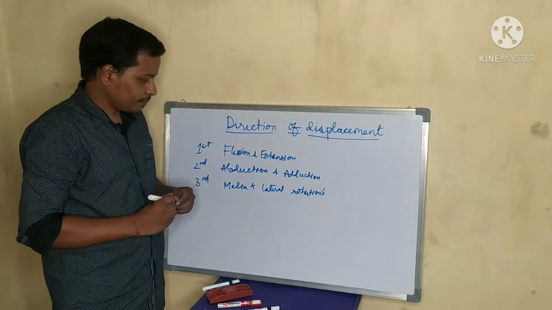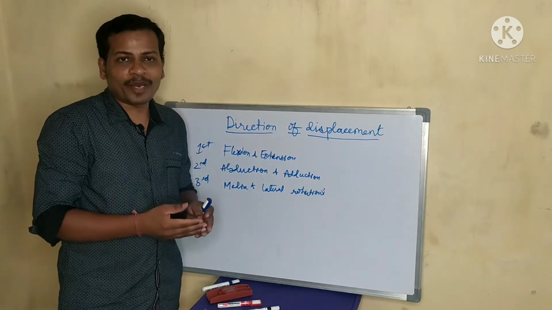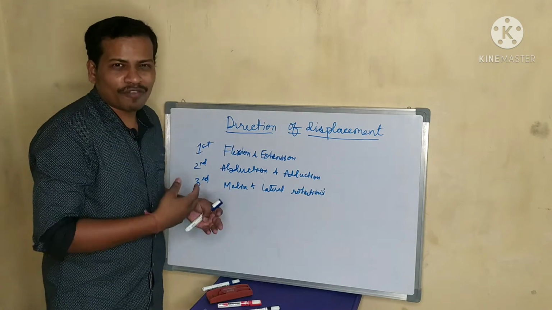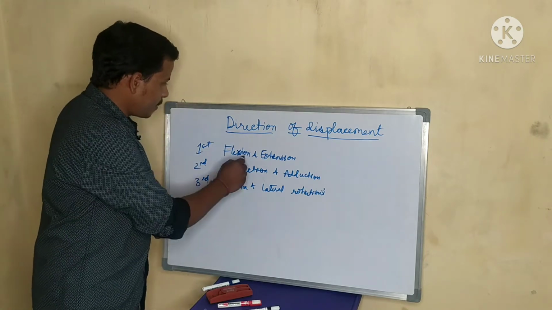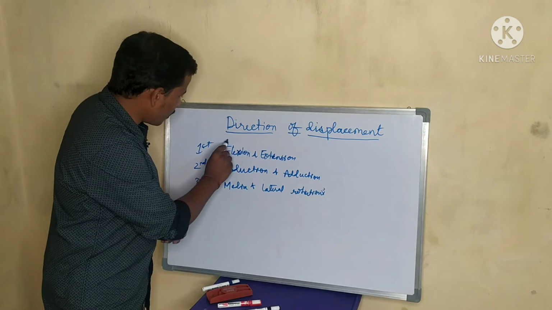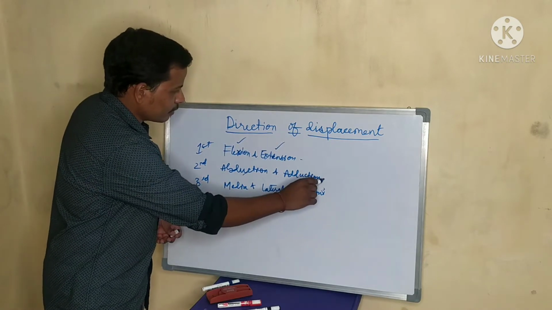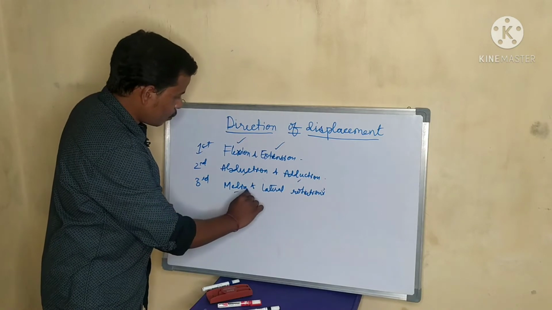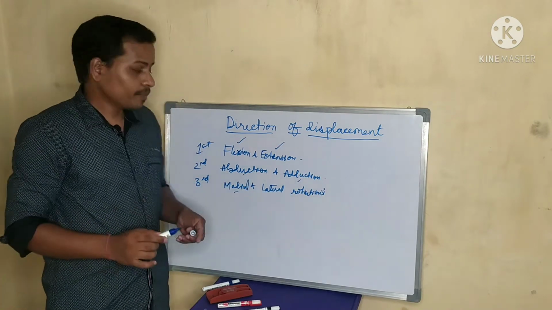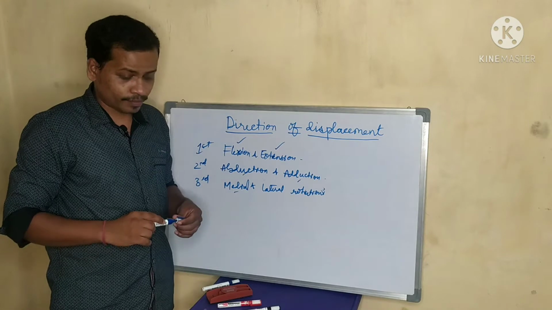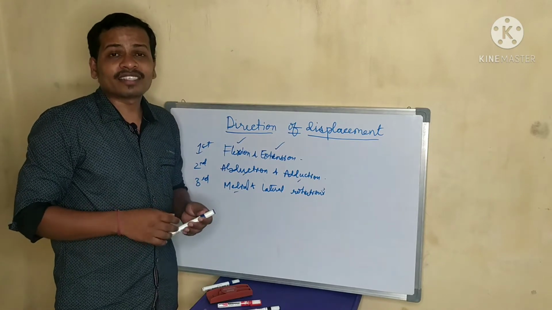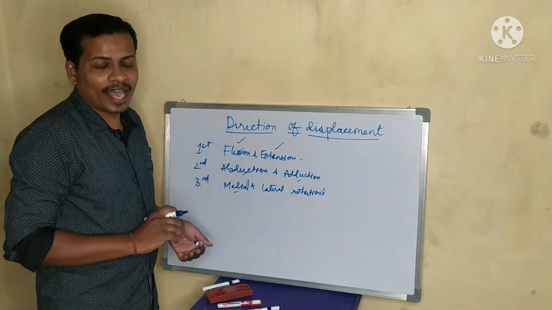Now let us see in which axes and which planes these three pairs of anatomic rotations occur. The first pair is flexion and extension. Abduction and adduction is the second pair. Medial and lateral rotation is the third pair. Flexion and extension occur in the sagittal plane and around the coronal axis.